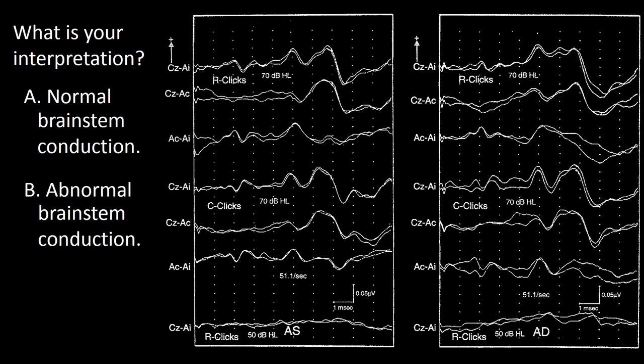Next question. What is your interpretation? A. Normal brain stem conduction. B. Abnormal brain stem conduction. Take a few seconds to look at these panels.